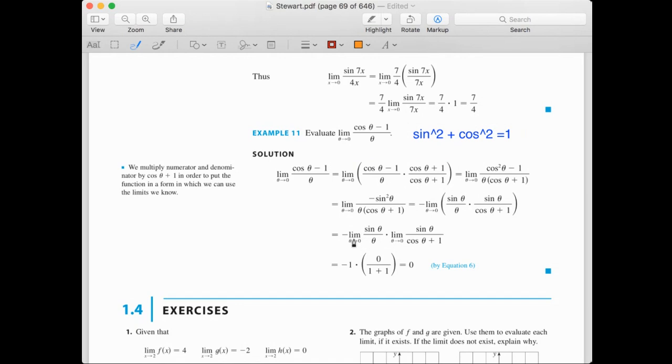So I have negative 1 here. But for the second part, 0 is in the domain of this function, because cosine 0 is 1, and 1 plus 1 is 2, but sine 0 is 0. So negative 1 times 0 is 0. So this one we used the identity. All right, any questions?